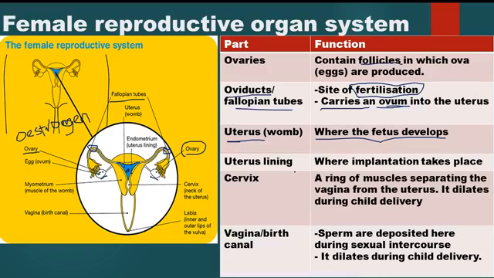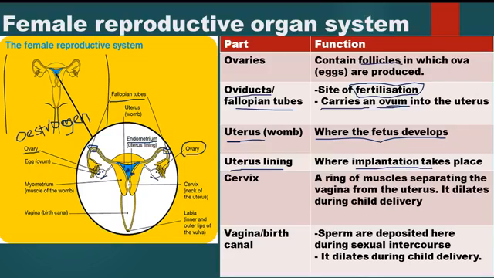Then we have another important part, what we call the uterus lining. Look at the labeling of the uterus lining there. Sometimes we call it the endometrium. The endometrium or the uterus lining is where implantation takes place.